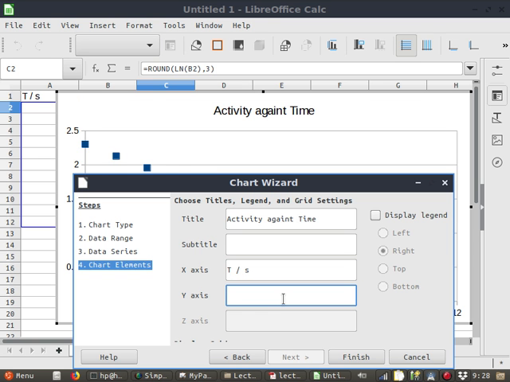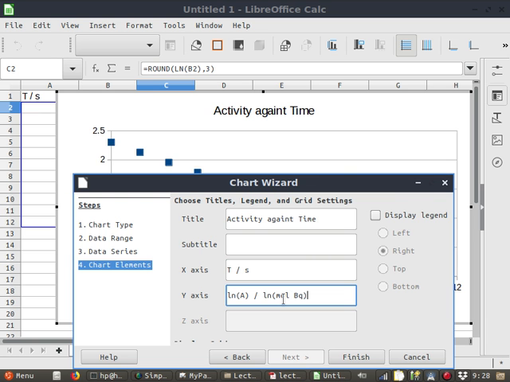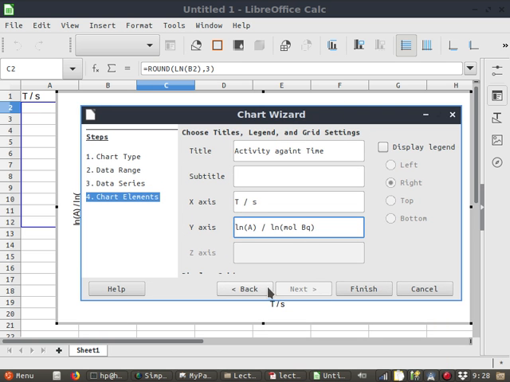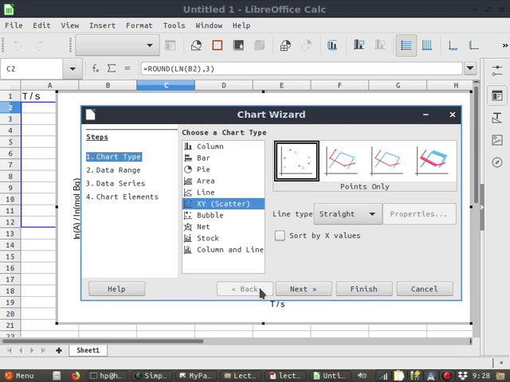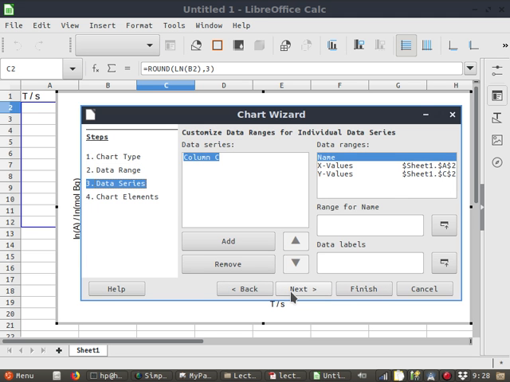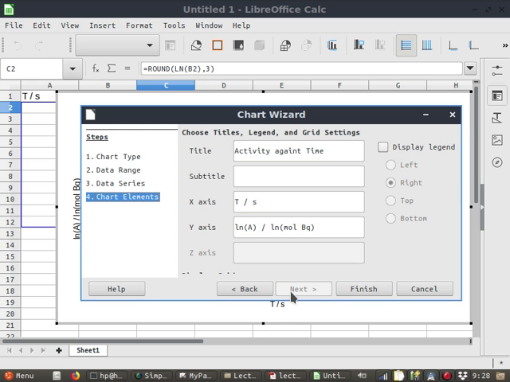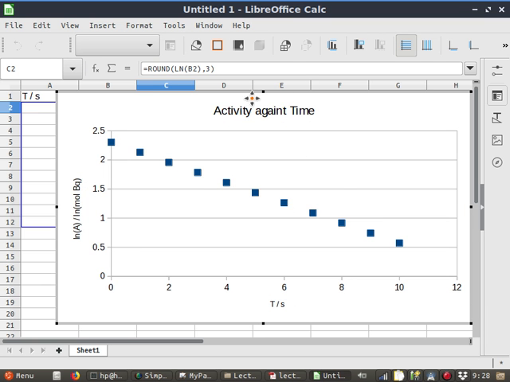The y-axis is log activity in log mole BQ. Okay. So this is what the graph looks like.